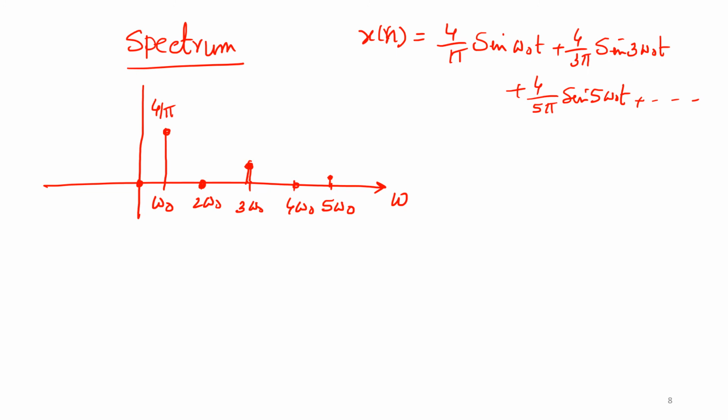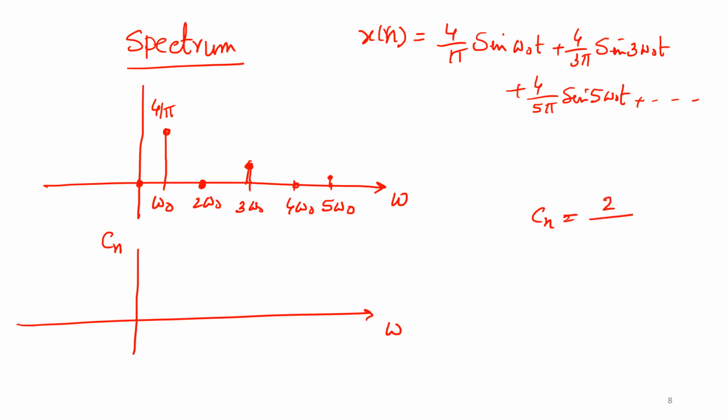Okay, and we can also plot the Cn part. If I consider Cn instead of this one, I think Cn was 2 upon j pi n.